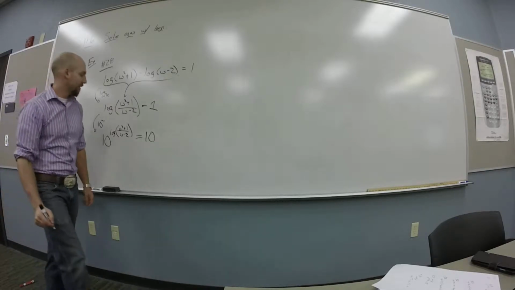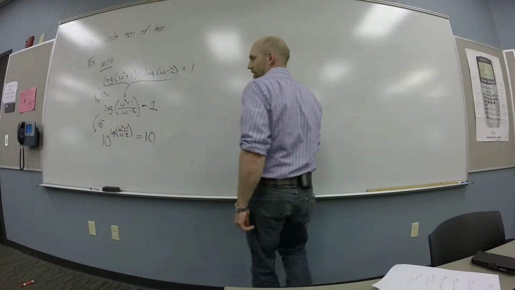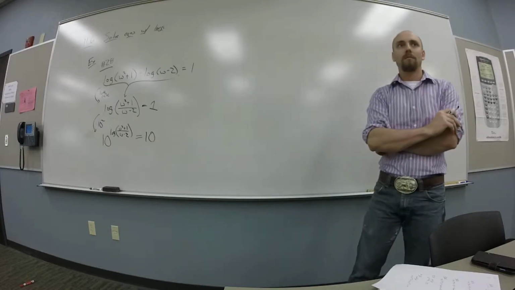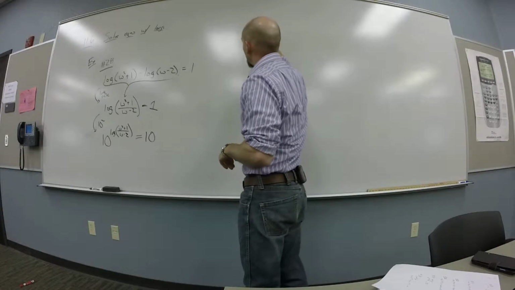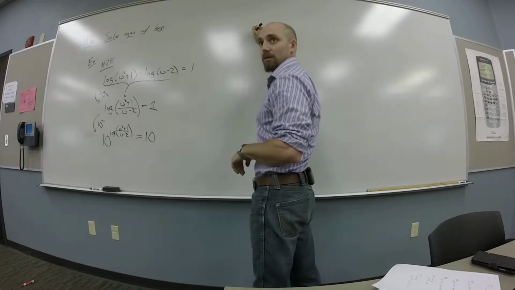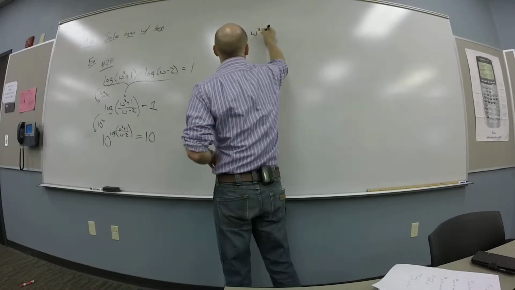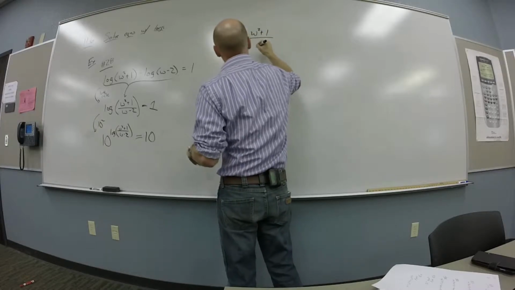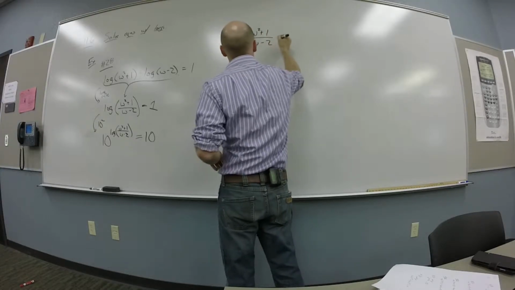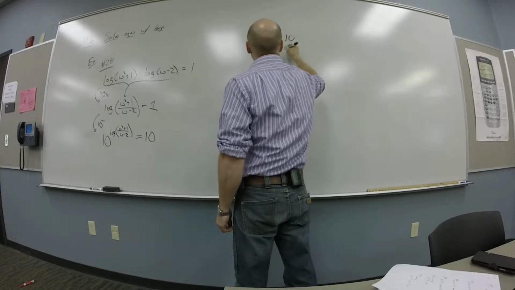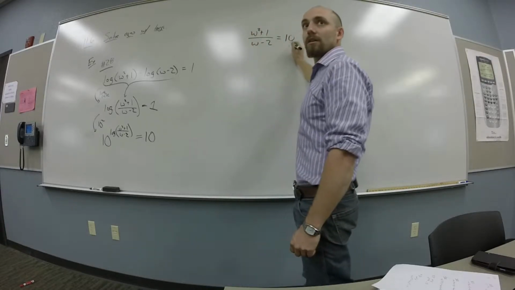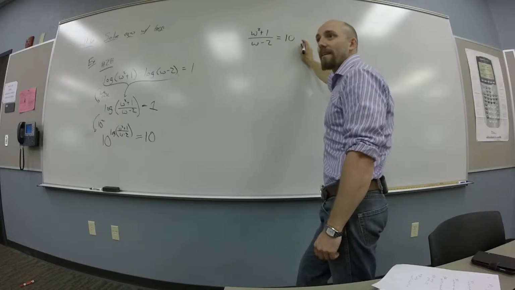Okay, so now what? The 10 and the log cancel, so my left-hand side becomes w squared plus 1 over w minus 2, and that's supposed to equal 10. Right? Okay, now what?